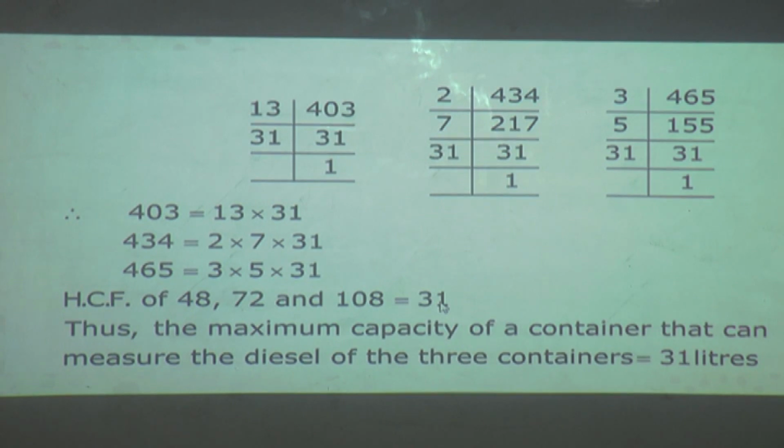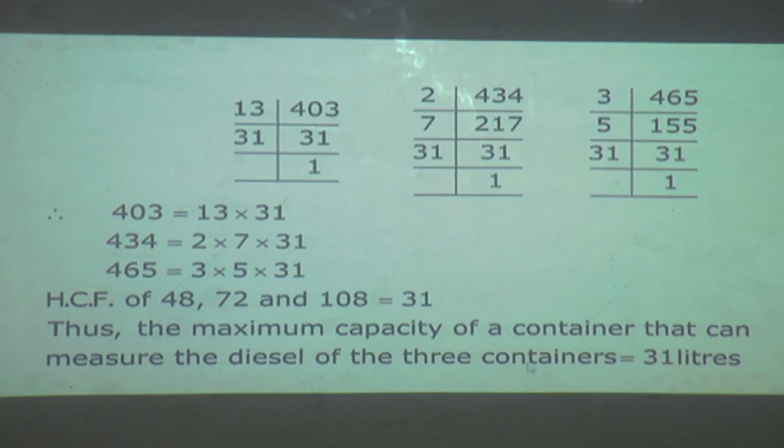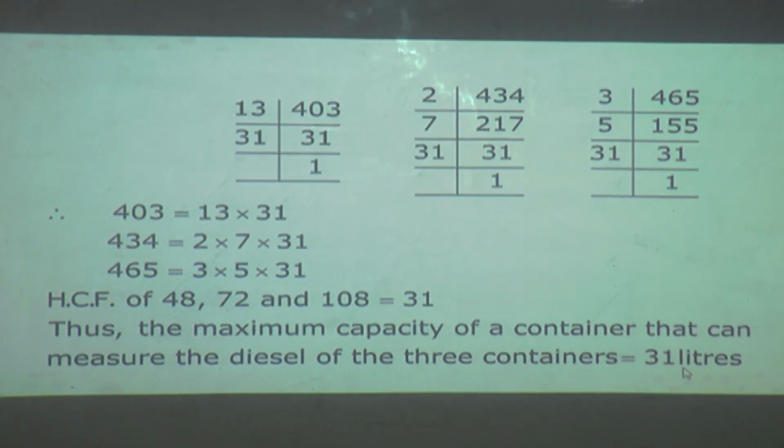Therefore, the maximum capacity of a container that can measure the diesel of the 3 containers an exact number of times is 31 liters.